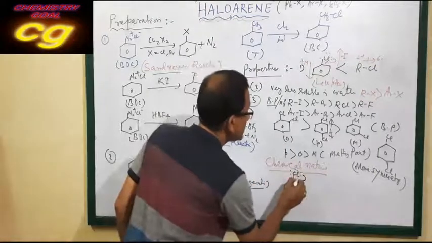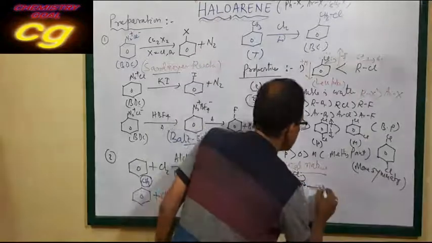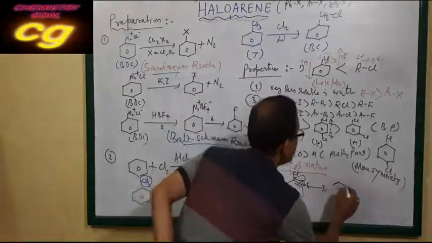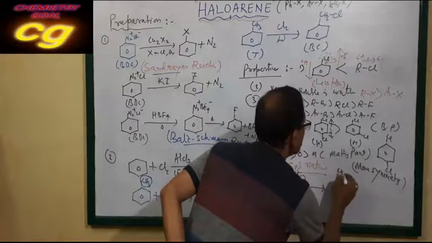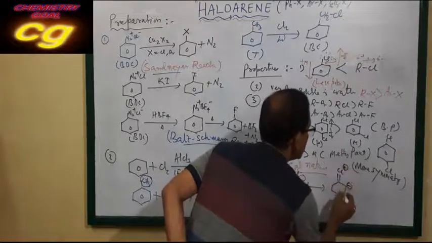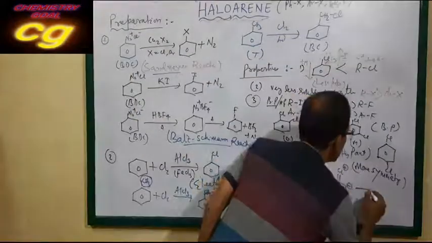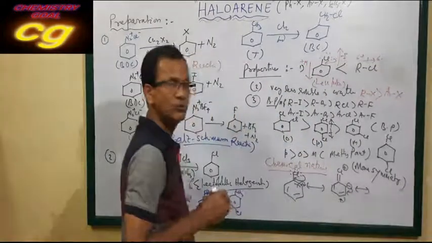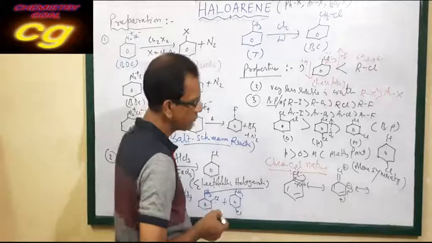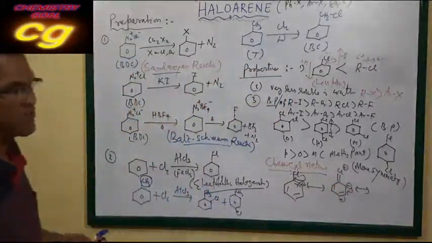Haloarene has resonance like this. This is the first resonance structure of the aromatic compound. This double bond becomes plus, this is minus. If you repeat this similarly, then at the ortho position and para position the negative charge is produced.